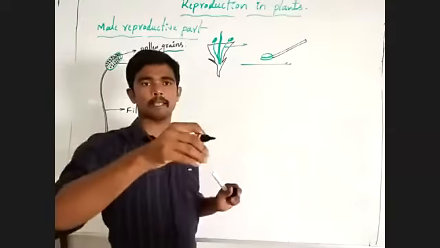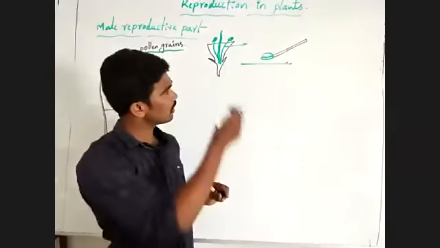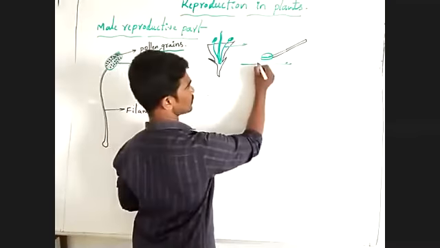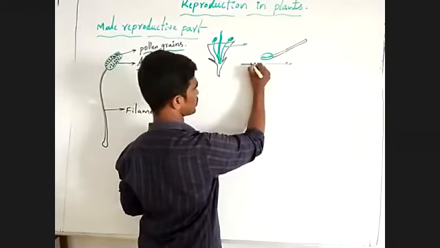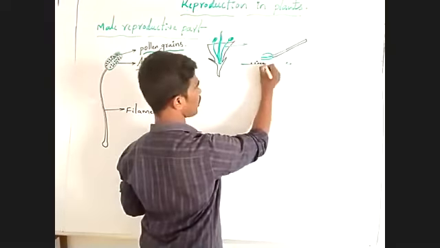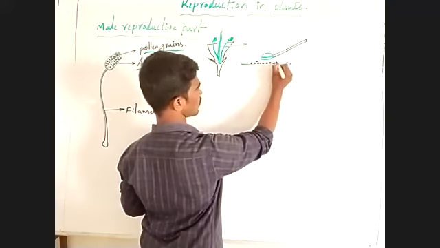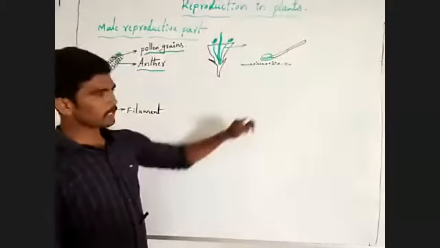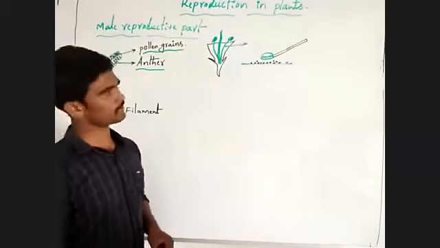When you rub the male part of the flower, some grain-like structures fall on the slide or paper. You can observe these grain-like structures.